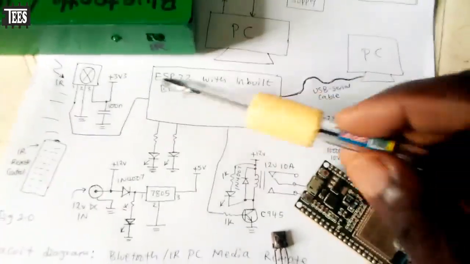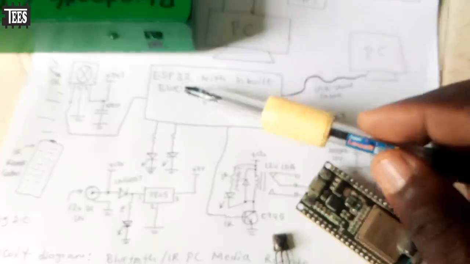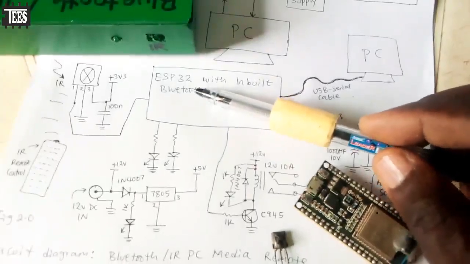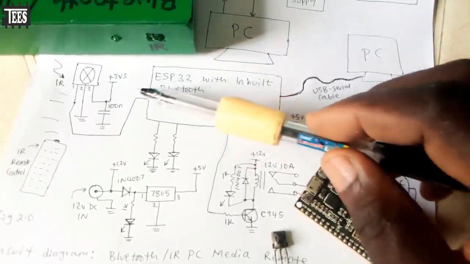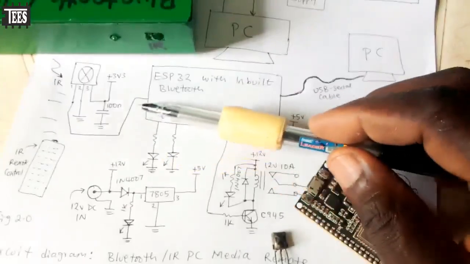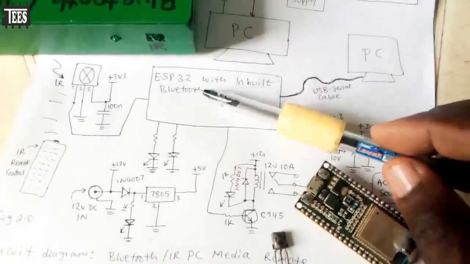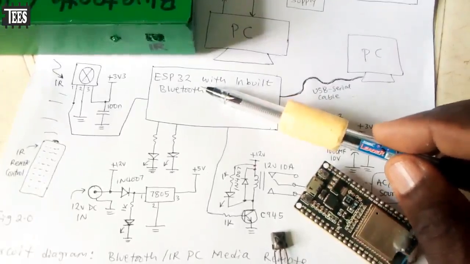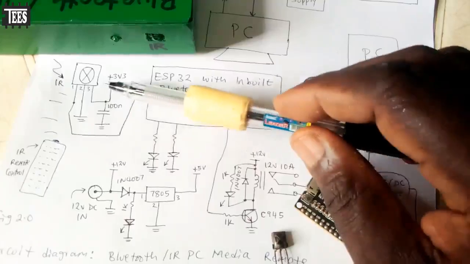Now, this infrared remote sensor, you can power it with 3.3 volt or 5 volt. Since my microprocessor here is 3.3 volts, I have to power the infrared remote sensor with 3.3 volts so that the output signal level will also be at 3.3 volts. If your microcontroller board is 5 volts, the signal on the pins is 5 volts, then you can power this with 5 volts.